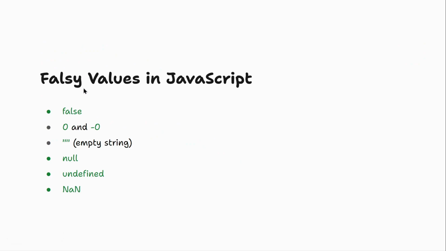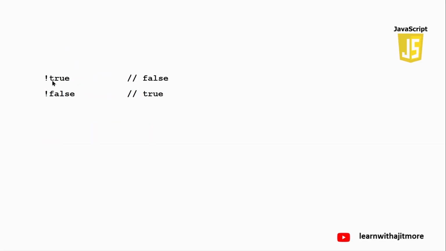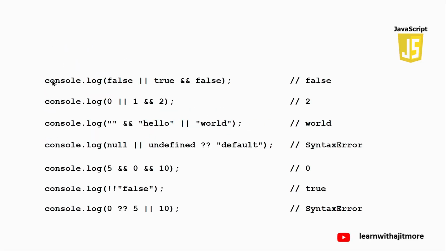See it, falsy values in JavaScript: false, 0, empty string. A string with a space is also not false. A string with a space is also true because it is a string with length 1. Null, undefined, and NaN are all falsy values.